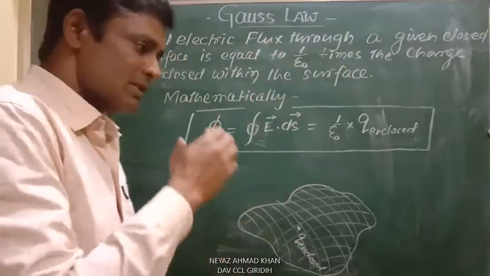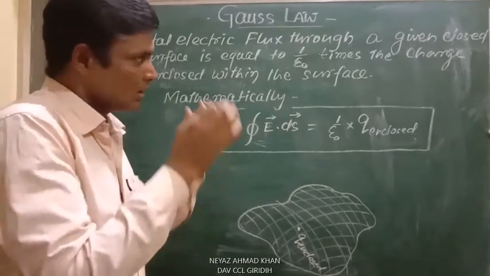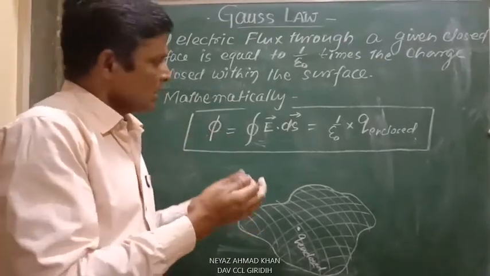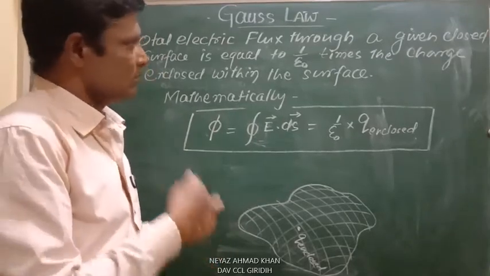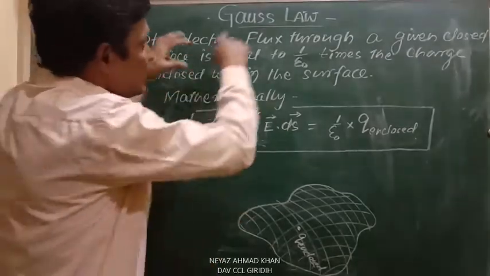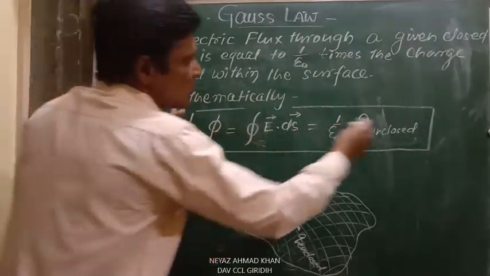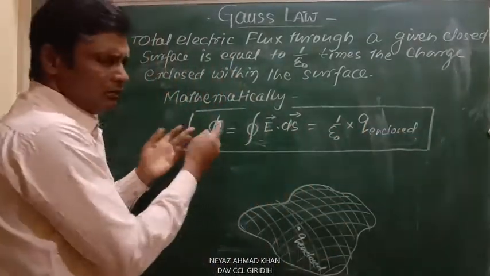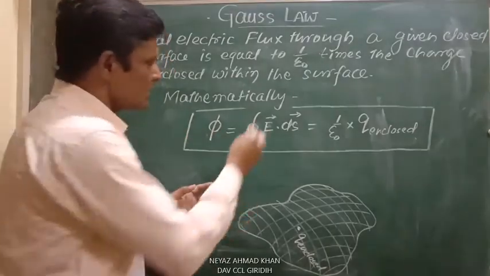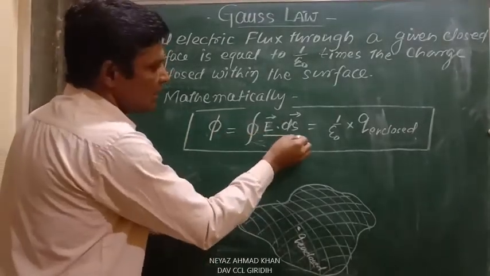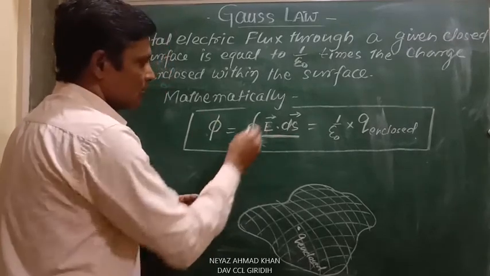It means if some charge is enclosed within the body, there would be some flux or lines coming out of or going into the surface. Mathematically, this statement can be summarized into this equation, where phi denotes the flux, and mathematically the flux through a closed surface is determined by the integration of this.